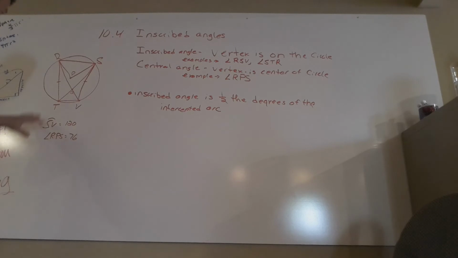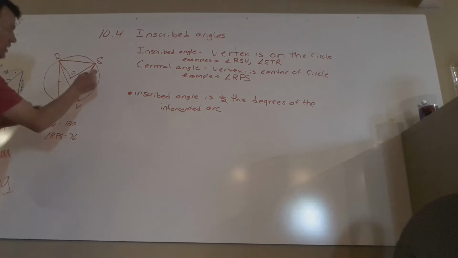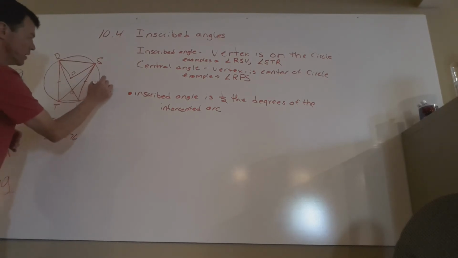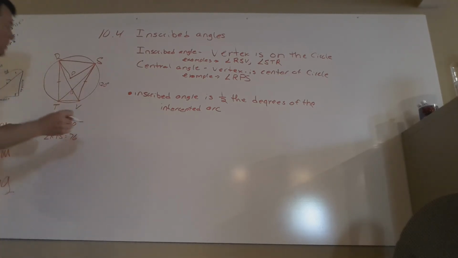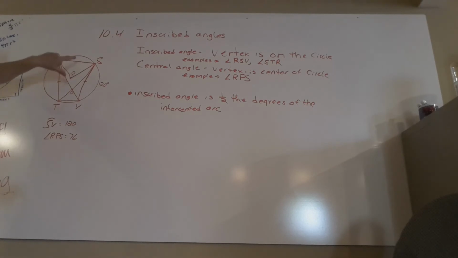And this is actually even an example, or some problems, in your assignment. But anyway, arc SV is 120. I want to just label all these out here. Arc SV is 120 degrees. So then the inscribed angle, which would be SRV, since the arc is 120, angle SRV would be 60.